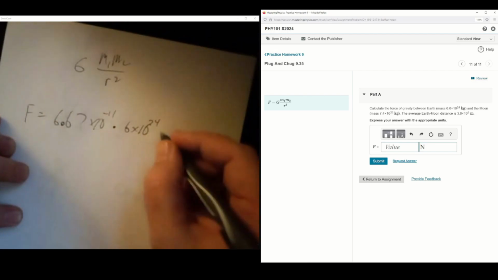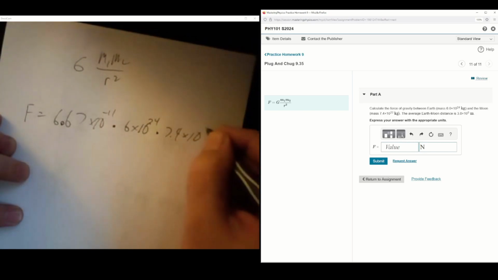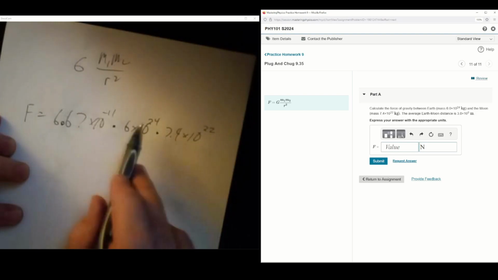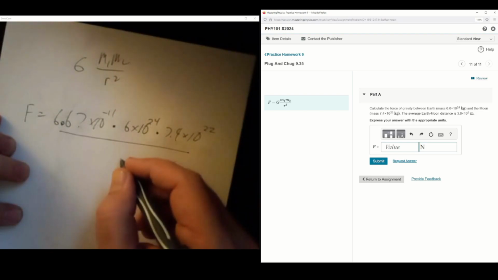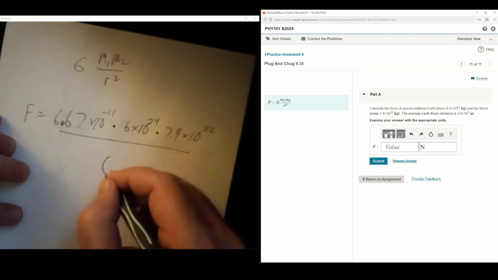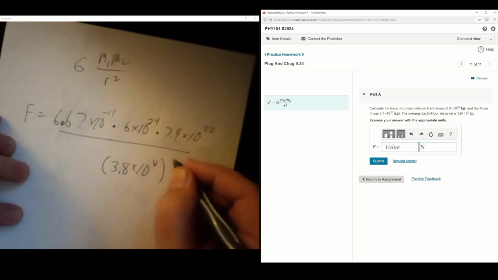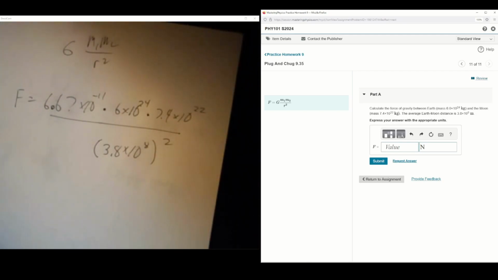The other mass is the moon, so I'd multiply this by 7.4 times 10 to the 22nd. So that's G, M1, M2, all divided by the distance they're giving us, 3.8 times 10 to the 8th, and then that needs to be squared. And that's what I'd punch into my calculator and get the result they want.